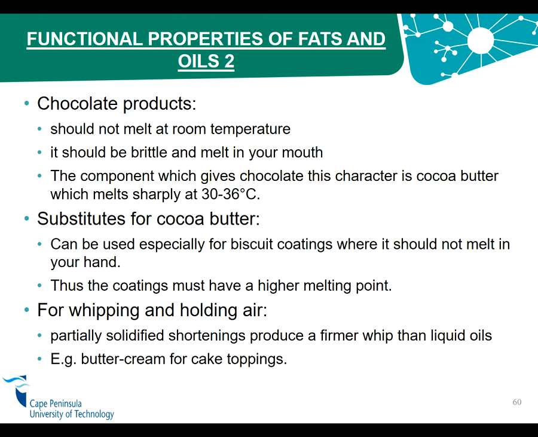So substitutes for cocoa butter can also be used in the food industry, and these are specifically for biscuit coatings where it should not melt in your hand. As I've said, the coatings must have a higher melting point. See, the melting point of fat is a very important property in the food industry.